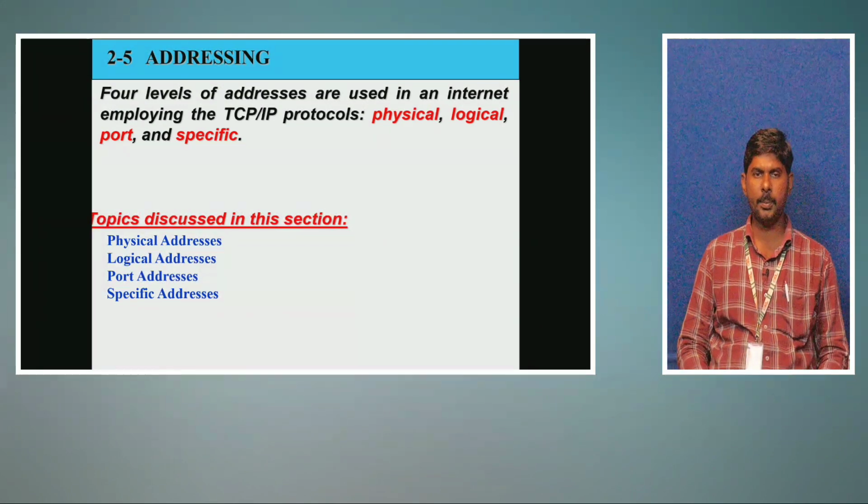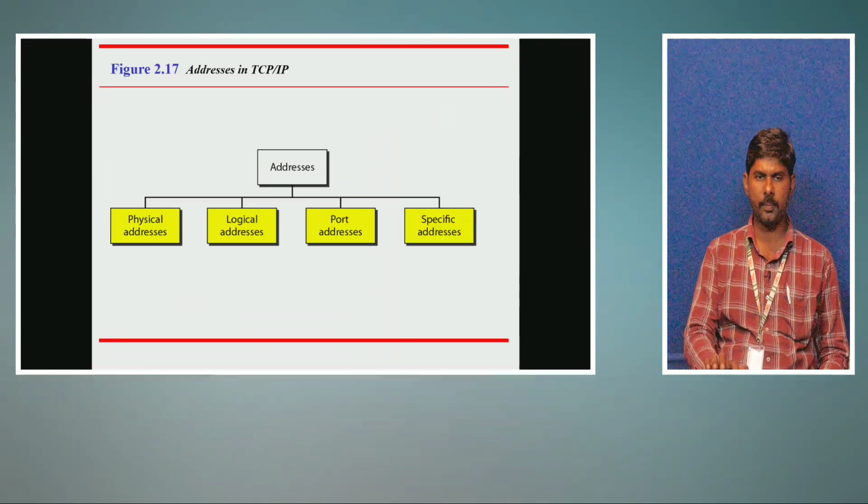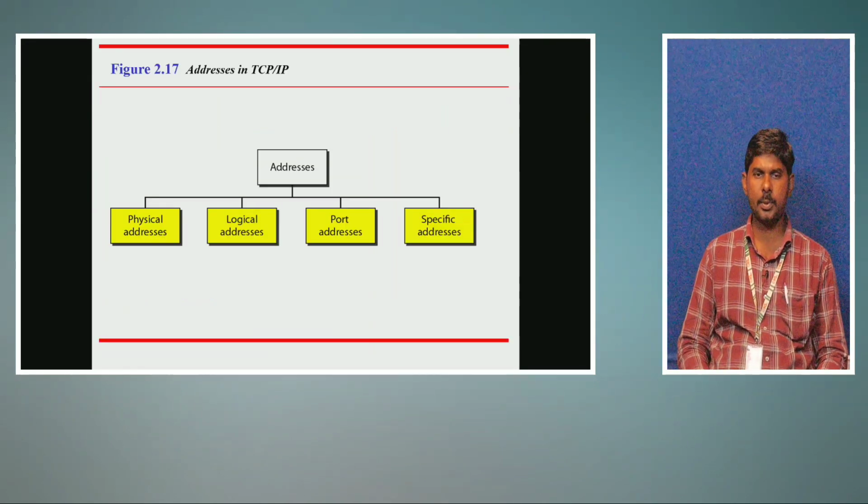As I told you, TCP/IP consists of 4 layers. There are 4 types of addresses possible: physical address, logical address, port address and specific address.